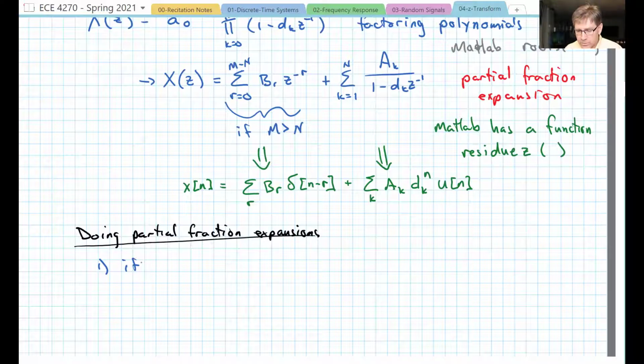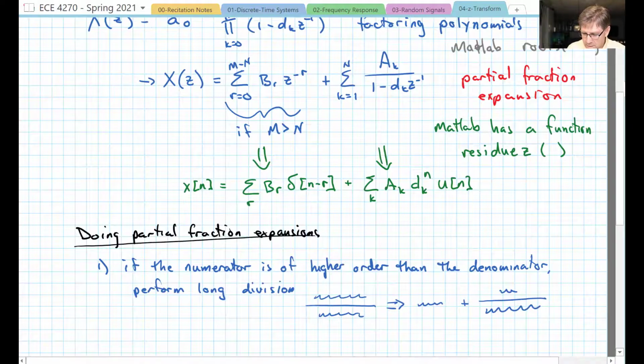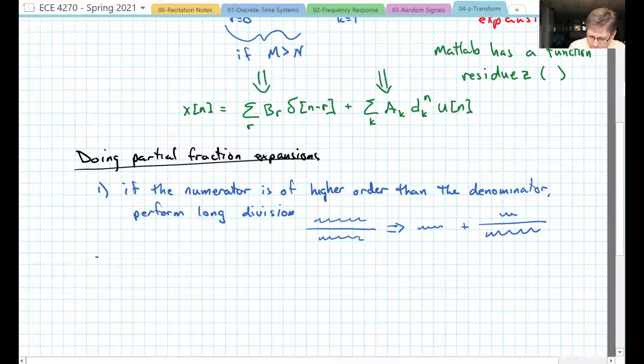So you saw that right up above, where in the process, although it wasn't shown, some long division was done to get these B_r's, and then on the remainder we did the partial fraction expansion. So the second step, factor the denominator.